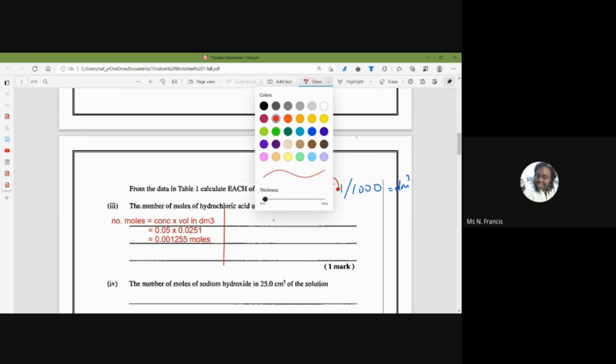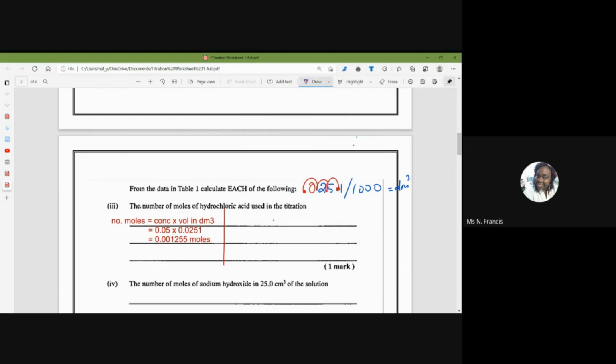All right, now let's go to persons who are more of the reasoning type. All right, so this is what we know. From the concentration given in the acid, which is 0.05 moles per dm cube, right? Moles per dm cube tells us how much is there per 1 dm cube.